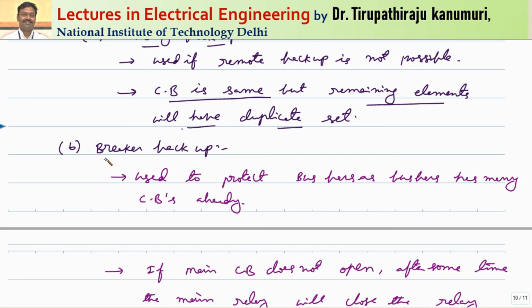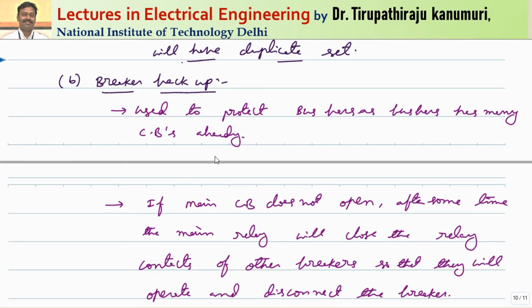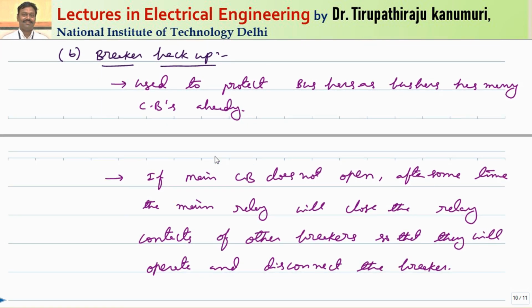There is one more type of protection called the breaker backup protection. The name itself is telling: the circuit breaker will have a duplicate circuit breaker, one extra circuit breaker will be used. But circuit breakers are very costly, so this is mainly used to protect the bus bars. Generally, bus bars already have many circuit breakers. Let us assume due to some reason the relay operates and your main circuit breaker does not open. What will happen?